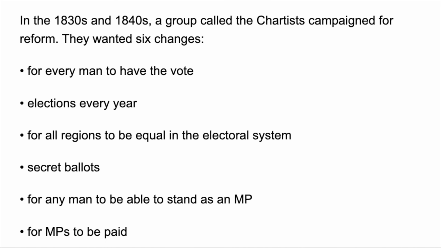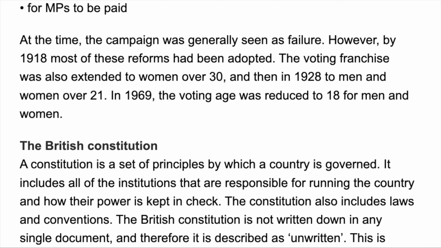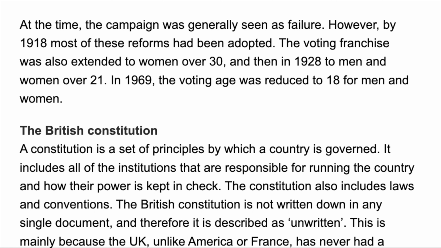They wanted 6 changes. These are for every man to have the vote, elections every year, for all regions to be equal in the electoral system, secret ballots, for any man to be able to stand as an MP, and for MPs to be paid. At the time, the campaign was generally seen as a failure.